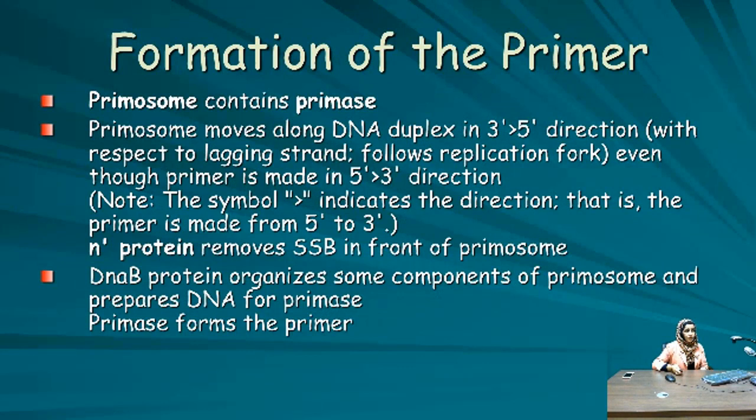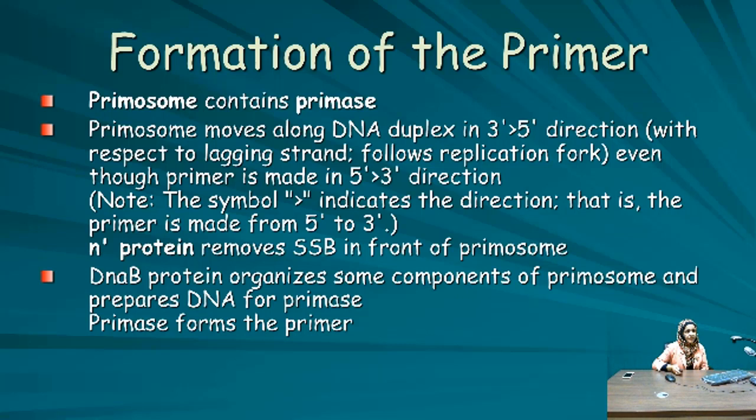A primosome contains a primase. The primosome moves along the DNA duplex in the direction 3' to 5' with respect to the lagging strand, and follows the replication fork. Even though the primer is made in the direction 5' to 3', note that the symbol indicates the direction.